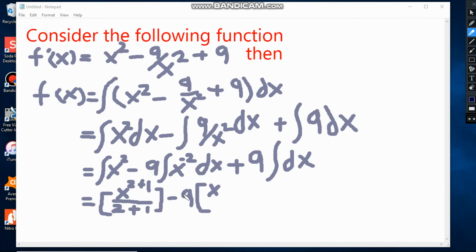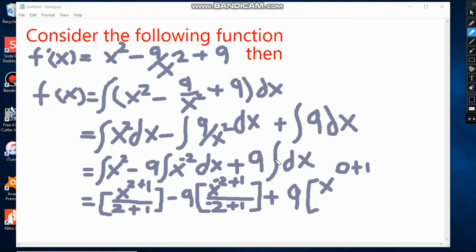And this negative 9 times, after adding 1, we get this one, and plus 9 integral of, in this position is 1, which is equal to x raised to 0. That is x raised to 0 also plus 1, and we divide by this result plus a constant.